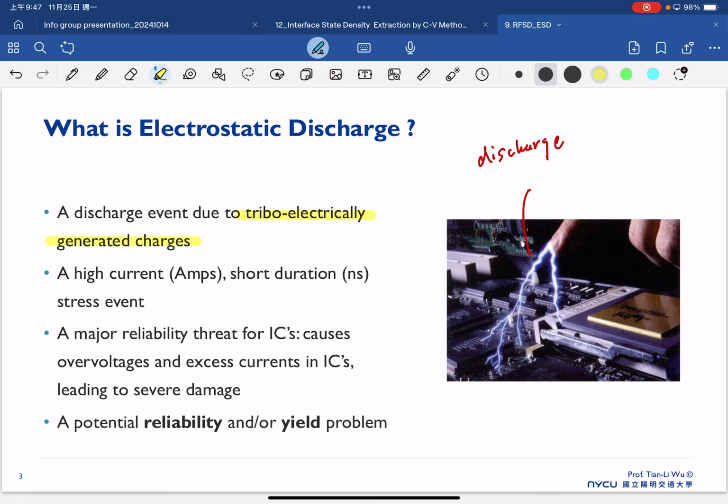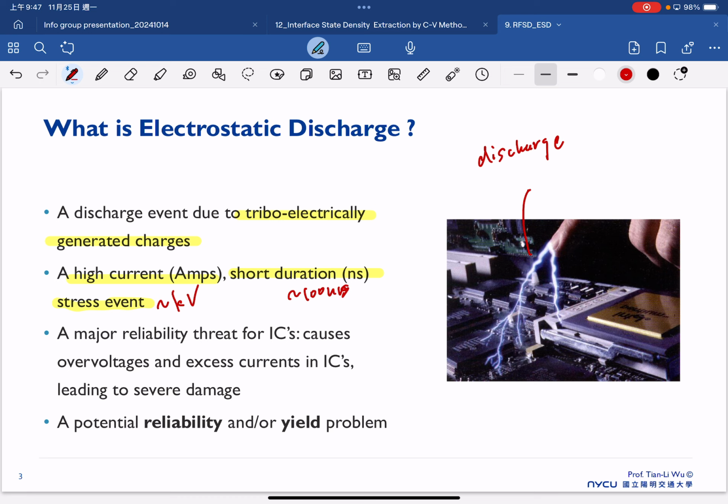Regarding this phenomenon, it can have very high current and very short durations, usually below around 100 nanoseconds. It can also cause a stress event up to kilovolts.